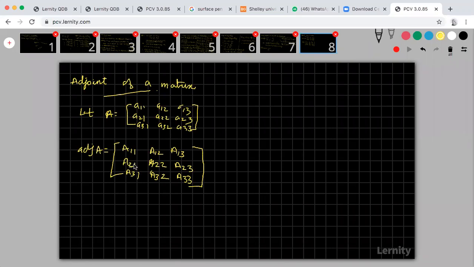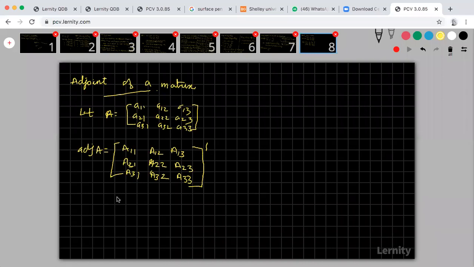After writing the cofactors, another important point: take a transpose. That is important, don't forget. So you just write the corresponding cofactors in the same order and finally take a transpose. That is the adjoint of the matrix.